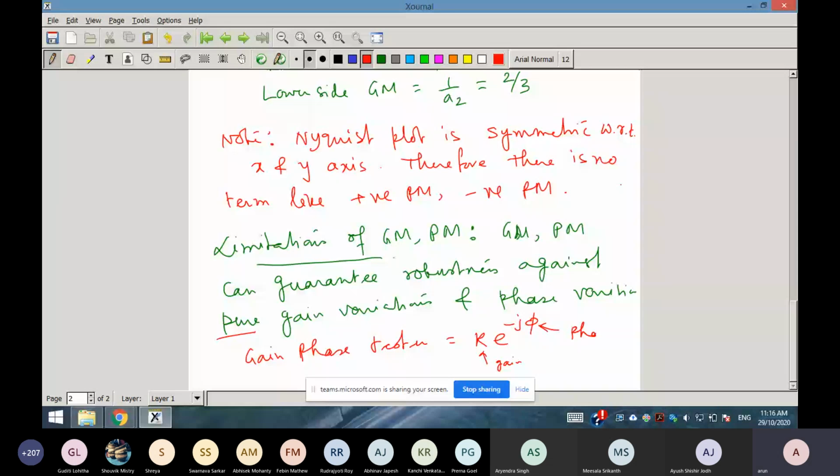So when you determine gain margin, you set phi equal to 0, and when you determine phase margin, you set k equal to 1. That is the gain phase tester. This is the limitation of gain margin, phase margin, or classical margins.